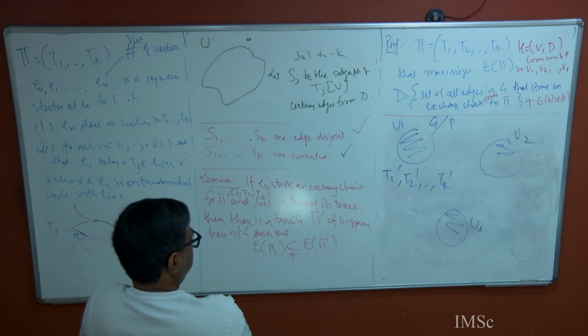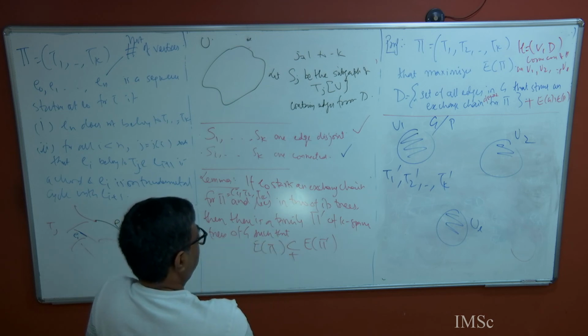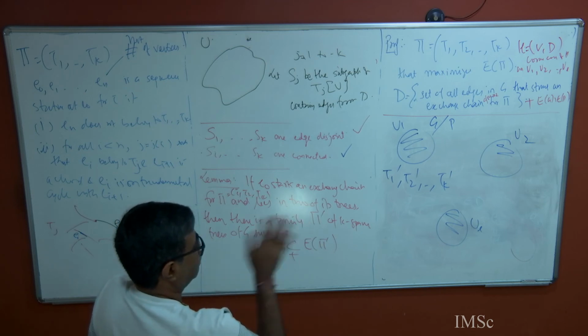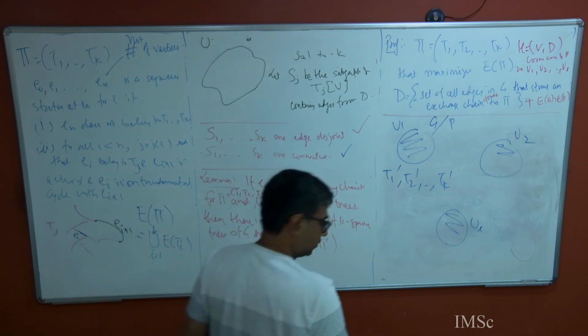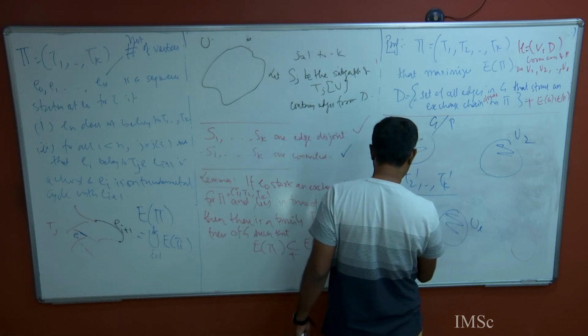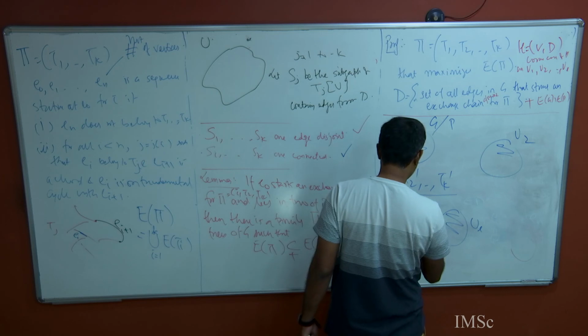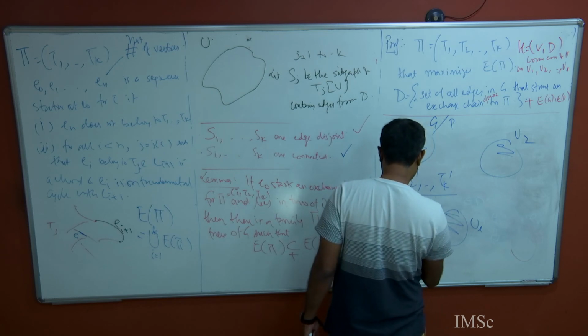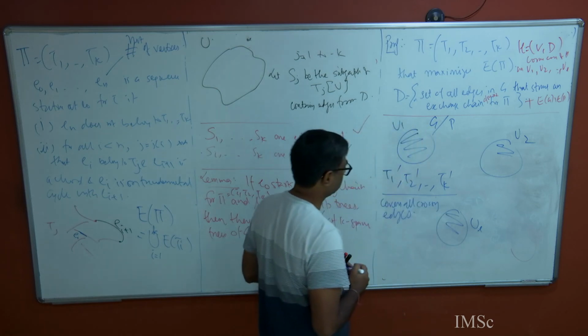So I look at G contracted by D. I get this T1 prime, T2 prime, Tk prime. The claim is this covers all the crossing edges. Why?